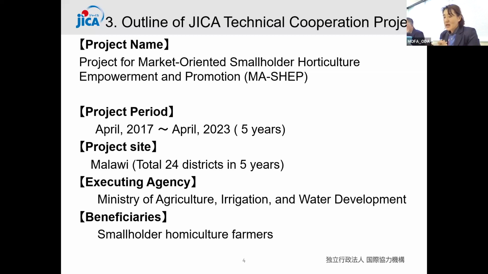It means that before production starts, the farmers conduct a market survey and collect information on which kind of product sells at a high value. Such a project concept is what we call SHEP.